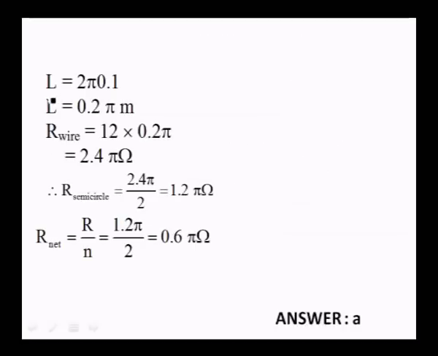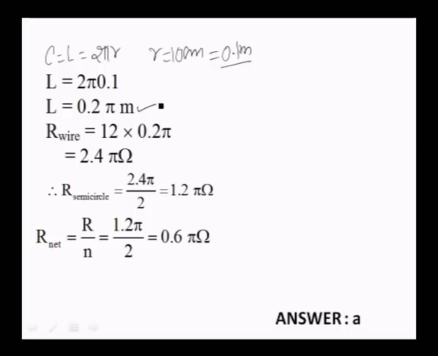See, the total length of the wire is equal to 2 pi r, that is the circumference of the circle. According to the problem, the radius is equal to 10 centimeter, which can be converted into meter, that is 0.1 meter. Here 2 pi r, 0.1 into 2 becomes 0.2 pi meter, that is the length of the wire.